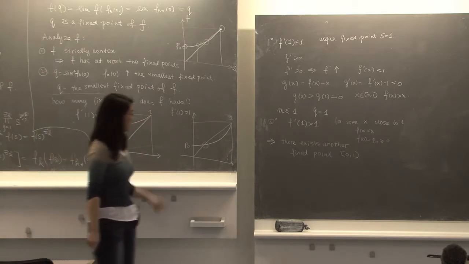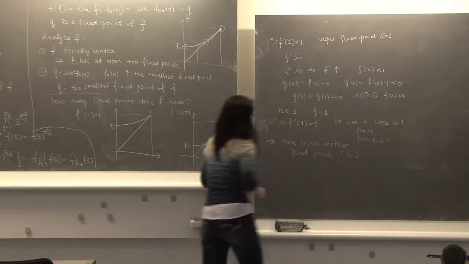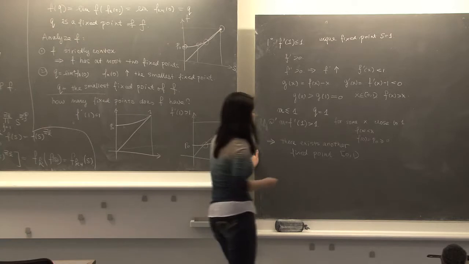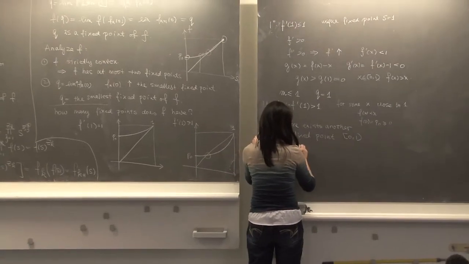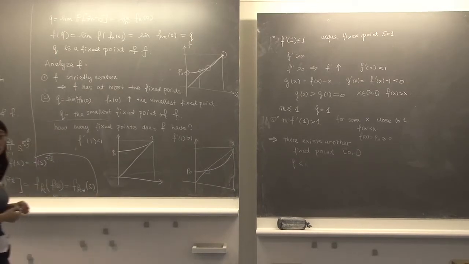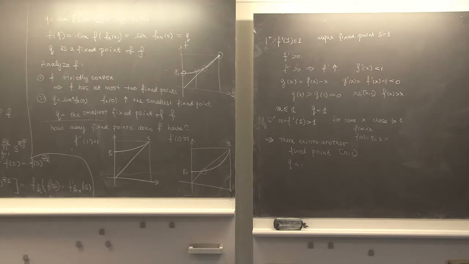So in this case, if the derivative, or the mean, is strictly greater than 1, then q equals this smaller fixed point, and it is strictly less than 1. So we have a strictly positive chance to survive. Okay, so this is the proof of this theorem.